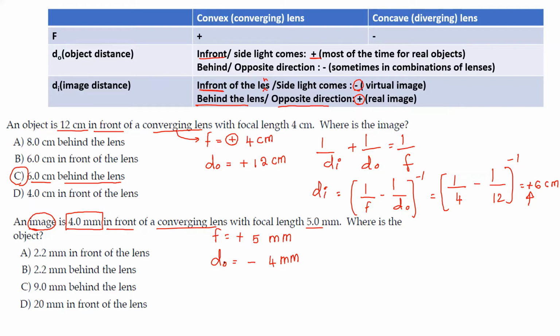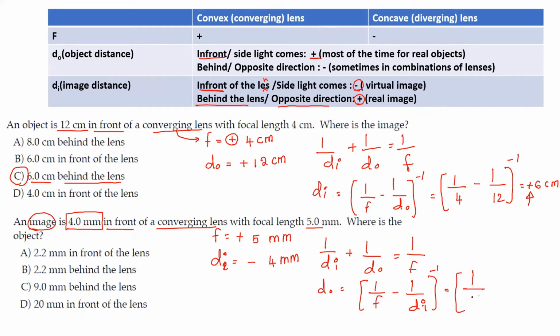Oh, sorry, Di. It's image, okay. So we can use the equation just like before. D naught is 1 over F minus 1 over Di, and then the inverse. Now we just have to plug the values.